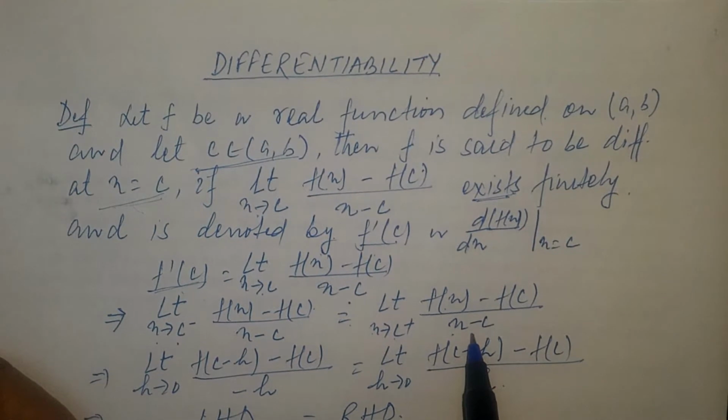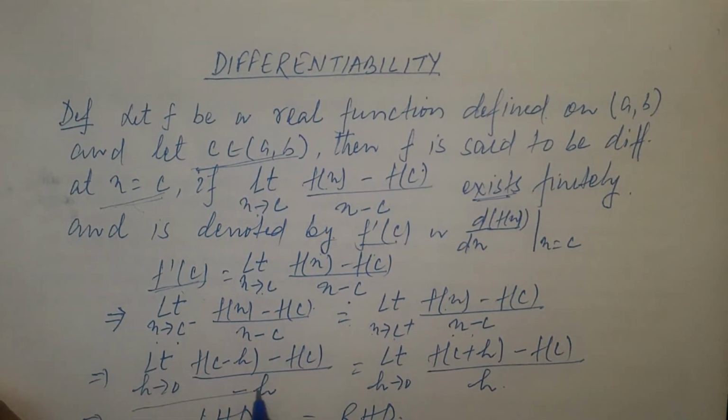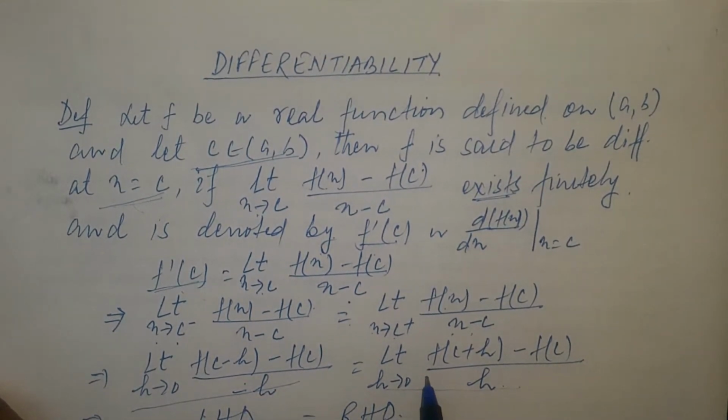Also we can write, if you take the value of x as c minus h for the left hand limit and c plus h for the right hand limit, we can write it in this form. It means the left hand limit at that point should be equal to the right hand limit at that point.